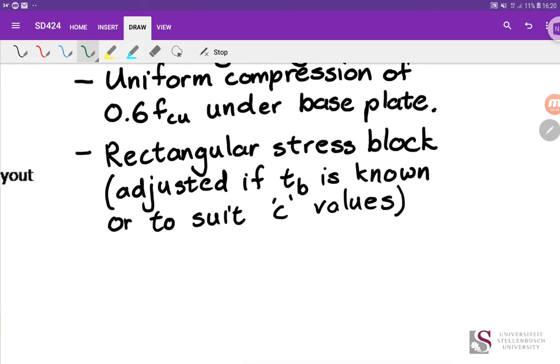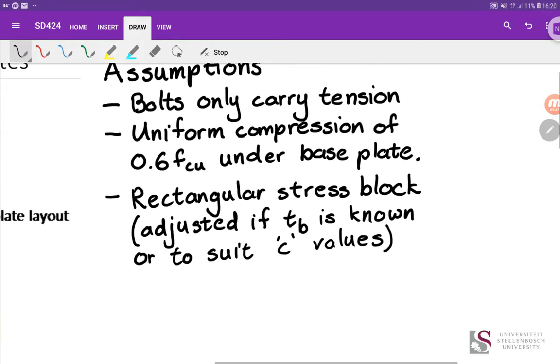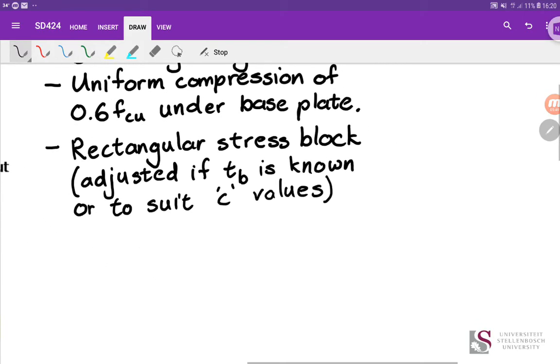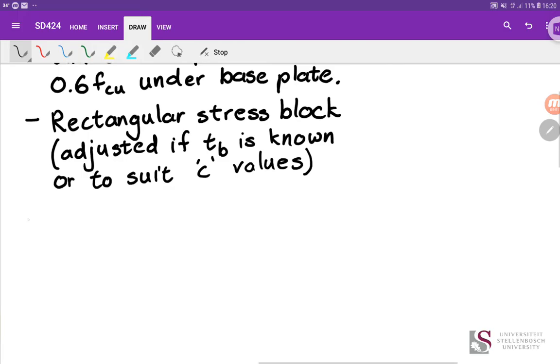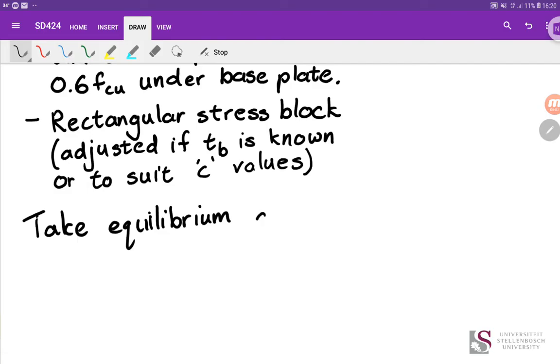Now that we have our assumptions, what we're going to do is start calculating those unknown values I was referring to. So we're going to take equilibrium at the base of the column about the bolts, because we've got two unknowns, so we want to get rid of one.